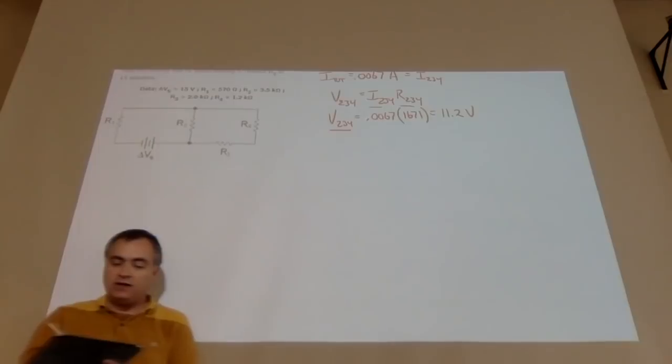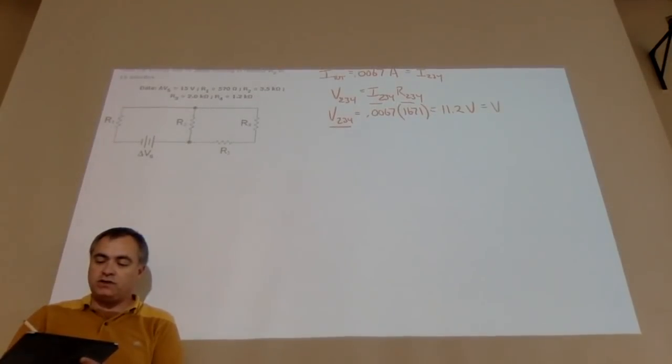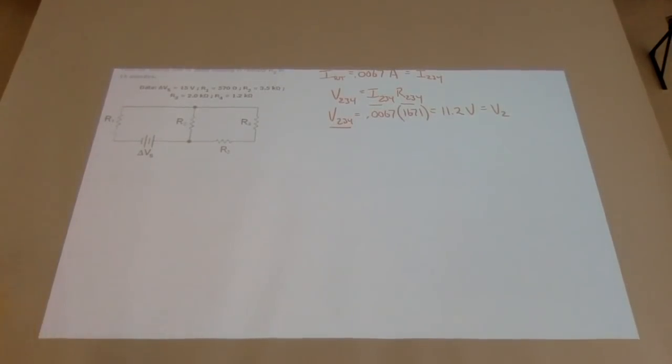So we can say that this 11.2 volts is the same as the potential drop across resistor 2 all by itself. And if you go back and look at that circuit in its entirety, that should sort of make sense. 11.2 is the potential difference between here and here across just resistor 2, or across the combination of 3 and 4, or across the combination of all 3 of them. That's the potential difference between those 2 red dots.